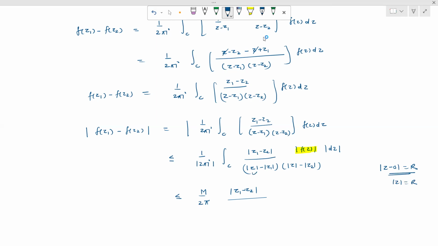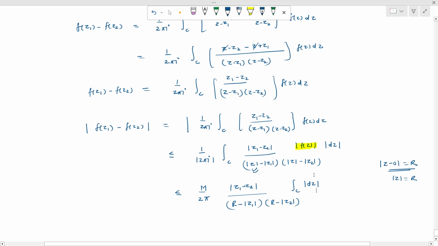So we can write here r minus mod of z1, and similarly r minus mod of z2, and we have an integration along the curve C of dz, where C is the circle.